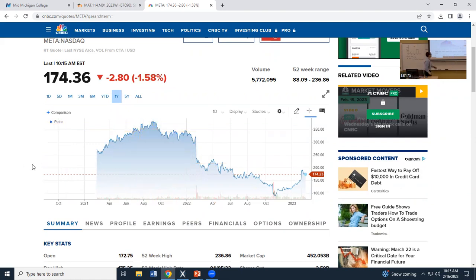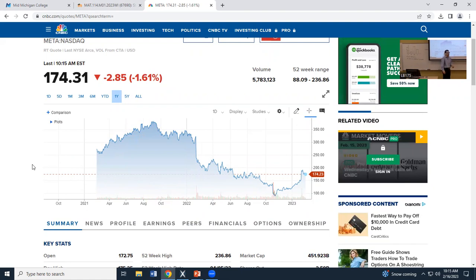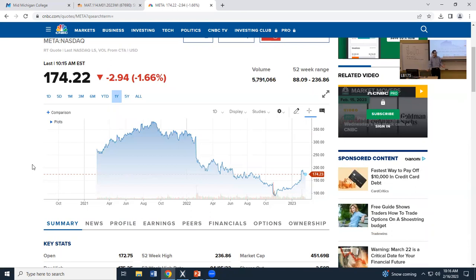So I take this time frame, which is a little bit over a year, and you can see that in this time frame, it looks like Meta stock has really tumbled. And it has over a year. Bear with that. And so if I were trying to convince you to not buy Meta stock, maybe I'd show you this picture.